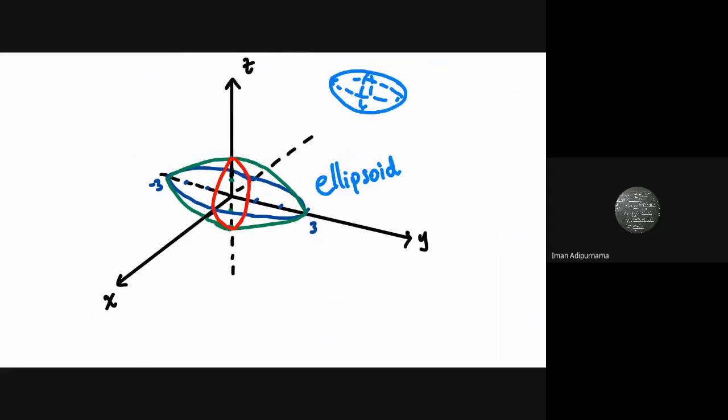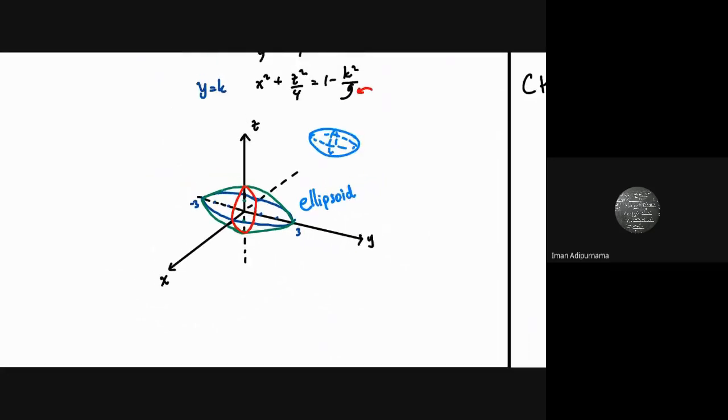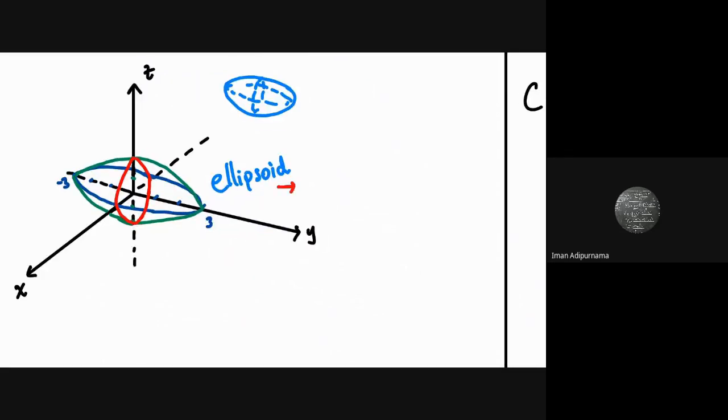But maybe in the last session, I will show you the real tracing and curve, maybe using the graphing calculator. But this is the ellipsoid, because all the traces are ellipses.